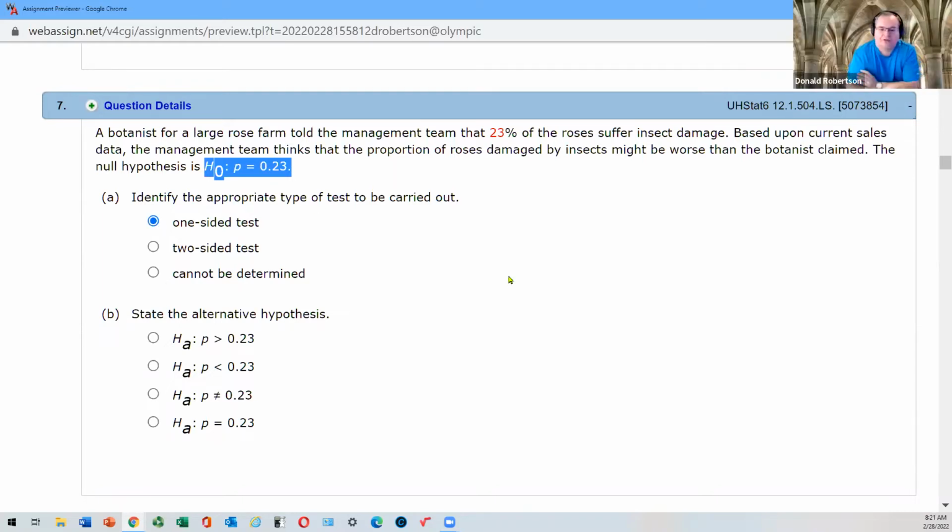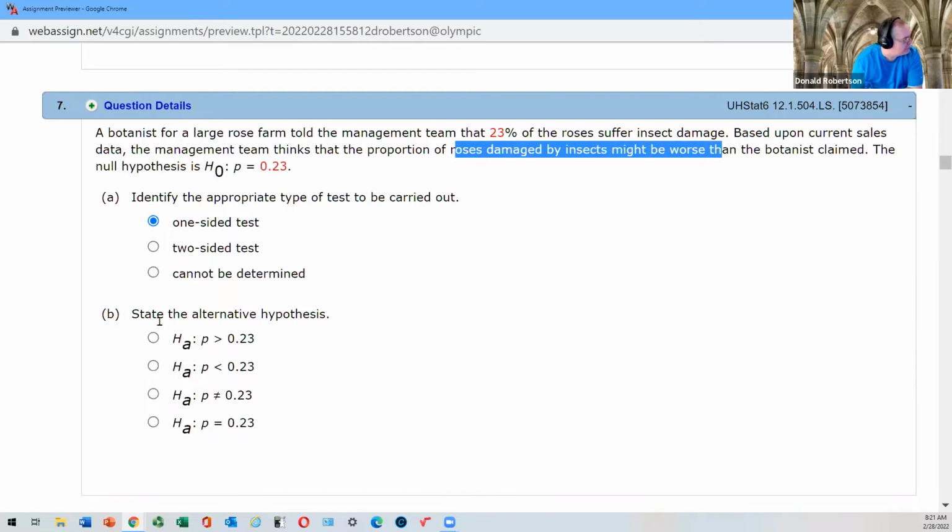Isn't that one direction? If they said they think it's different from that, or it's not the same as that, or other phrases like that, then you would have chosen the two-sided. Now, the alternate here is that they think it's worse. So when you look at it, that one, if I can put a dot on it, there we go. Is it that the P, the percentage of insect damaged roses, is bigger than 23%? So the null is equals, and the alternate is either bigger than, less than, or not equal to. That's your choices.